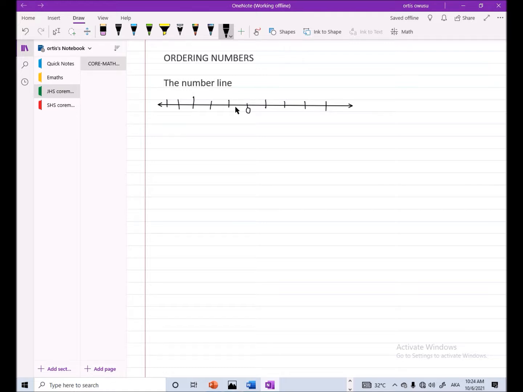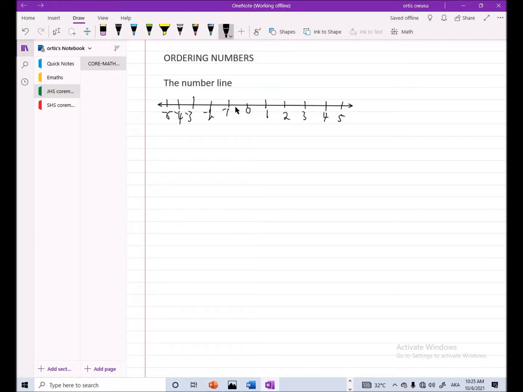But because this is a number line, let's look at the negative integers as well. So we have -1, -2, -3, -4, -5. Then we will have 1, 2, 3, 4, 5.